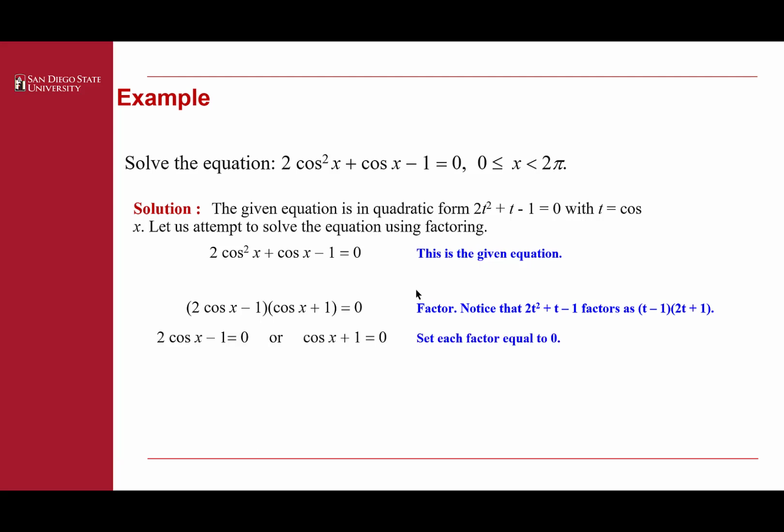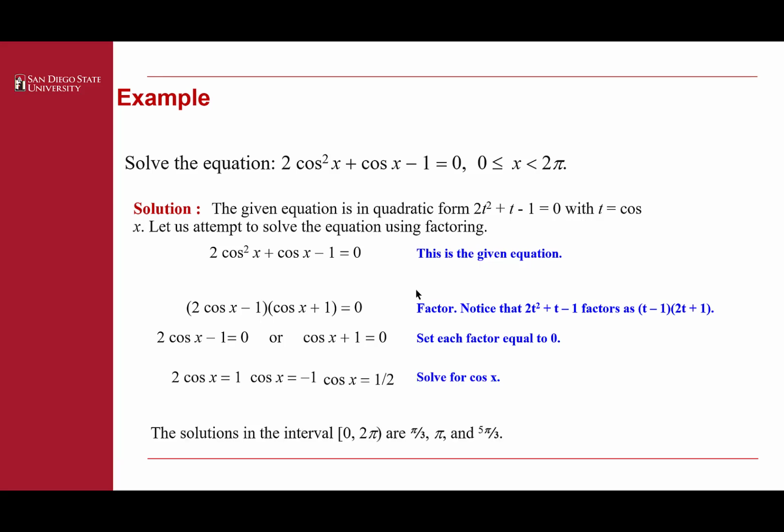And here, one or both of these two factors can be 0 to find the solution of the equation. In the first case, if we set 2 times cos x minus 1 to 0, we will get one solution. And in the other case, cosinus x plus 1 equals 0, we will get another solution. Since the equation is quadratic, it's very natural to have more than one solution for one equation.